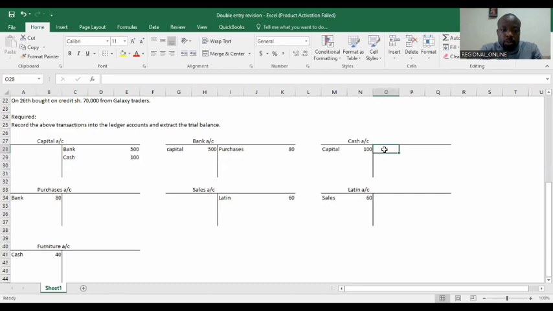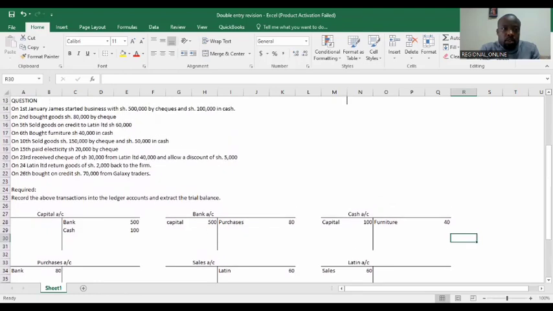Then the cash is reducing because it's buying an asset, which is furniture. So asset reduces, you credit by 40. So that transaction is also completed. We go to the next transaction.